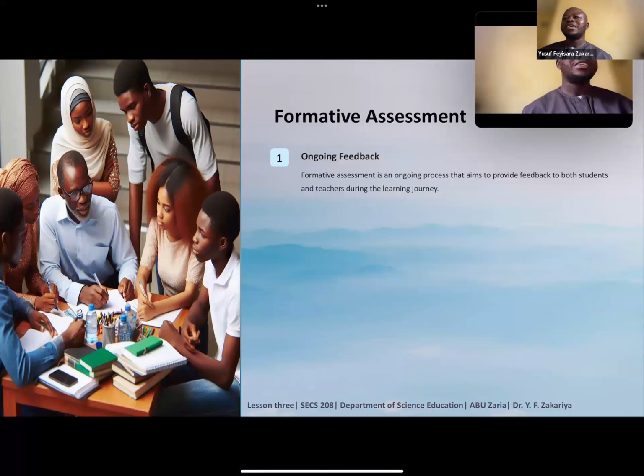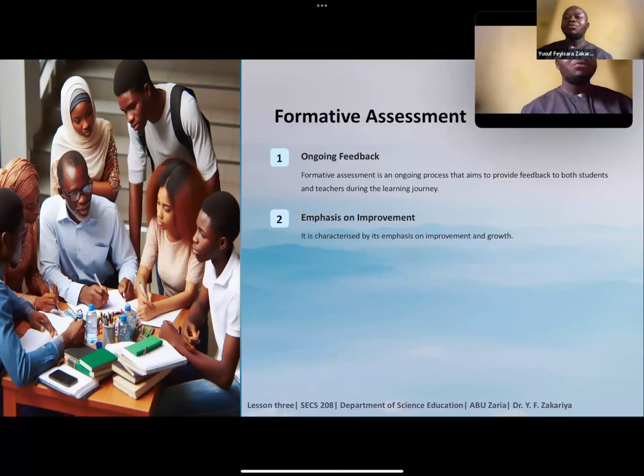He has no choice than to modify his next lesson, bring in the misconception and treat it before continuing with his lesson. So this is very important. It's a kind of two-way process. It's dialectic in nature. It works for the teacher as well as for the student. So it's an ongoing process.